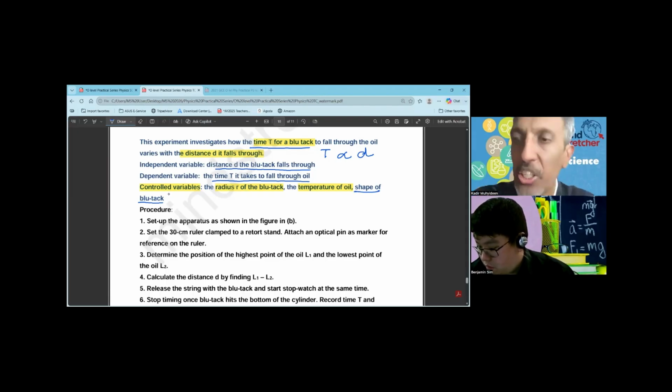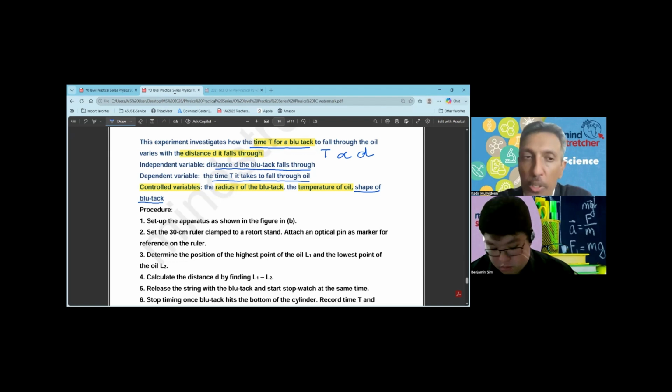Like I think someone mentioned the speed at which you drop the blue tag. I think that's still valid. Yeah, the speed at which you drop the blue tag, I think is valid. Which is to actually drop it from the surface, from the edge. Okay. Depending on where you drop it, you can be falling through the same D, right?